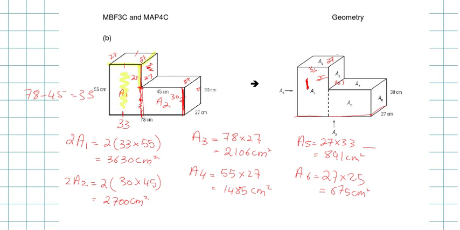Also, I only have one A7, right? Because the bottom part is already counted for. So only one A7. And A7 is made of 45 by 27.